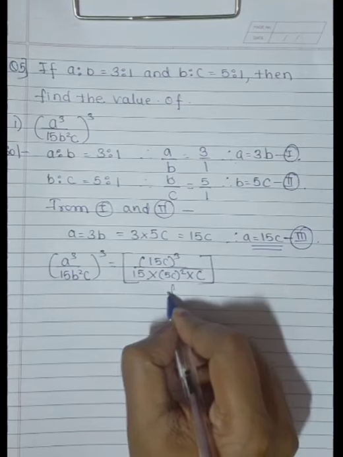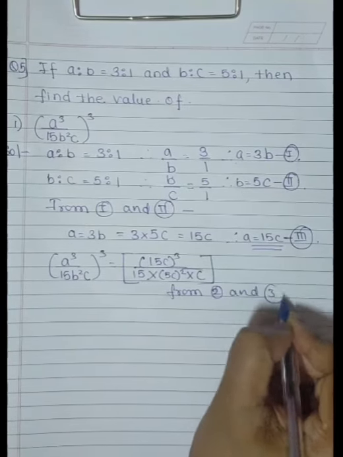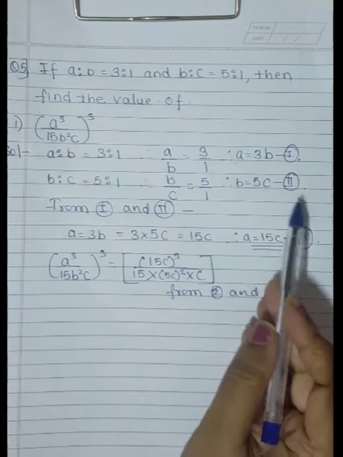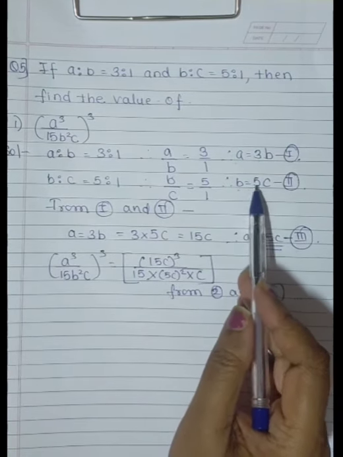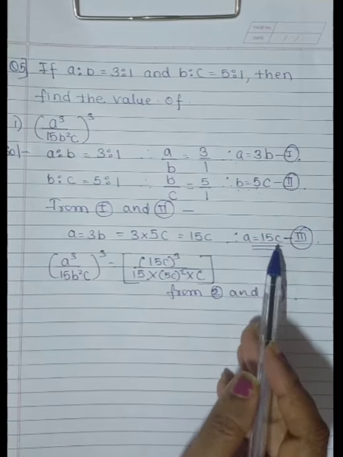Now from second and third, what we got in second? B is equal to 5c and A is equal to 15c.